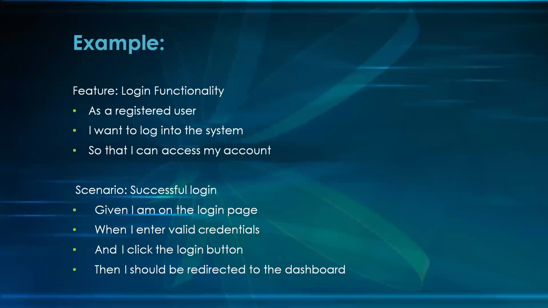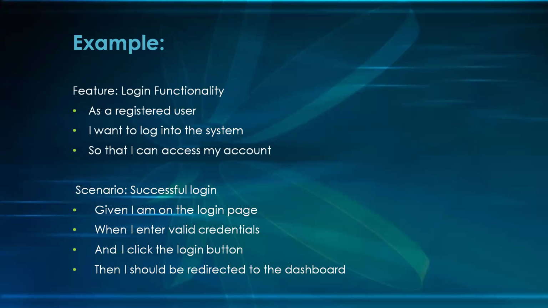So an example of this is, as you can see, login functionality, which is your feature. Then you have your description. As a registered user, I want to log into the system so that I can access my account. Very simple. Anybody that picks this up, that is not a tester, that is not a technical person, we understand what I intend to do here, what I want to achieve.